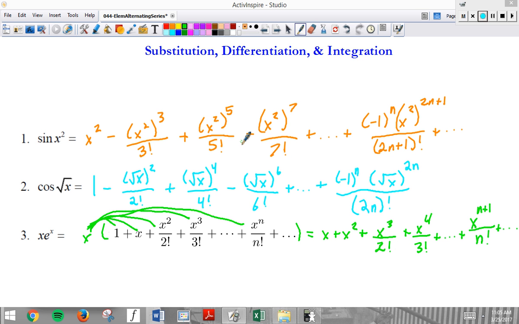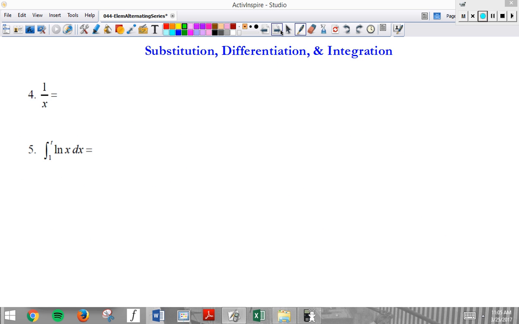So this is a nice review of 7-3 as well. Oh no, 7-4. Okay, this lesson is the crowning achievement of Chapter 7. If you understand this lesson, great. You need to. Okay, 1 over x. Now how am I supposed to make a series for 1 over x? We learned techniques to do this in 7-4.